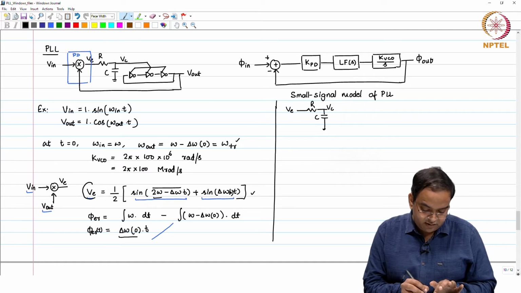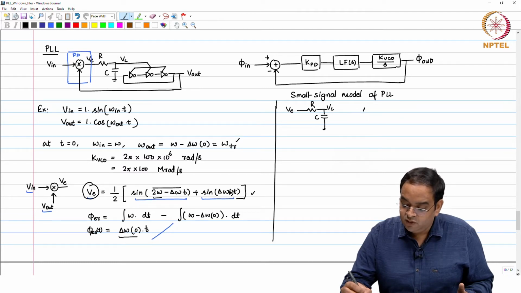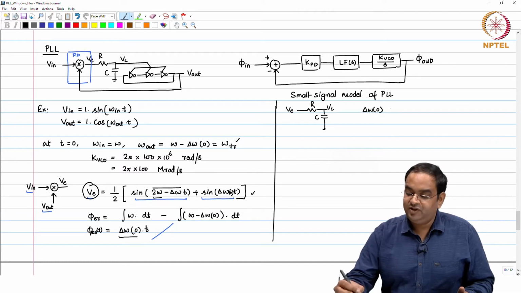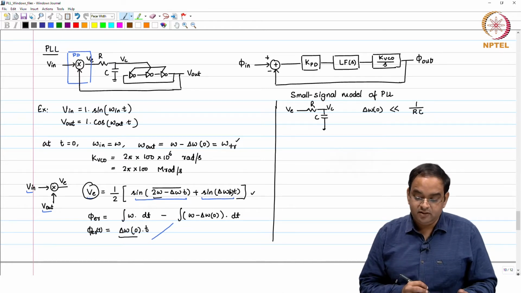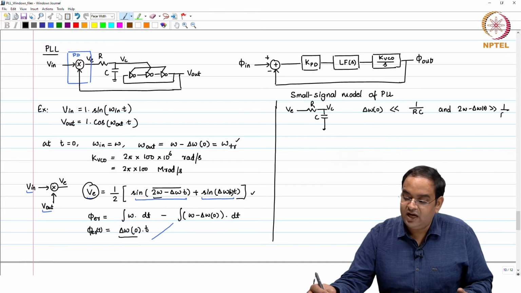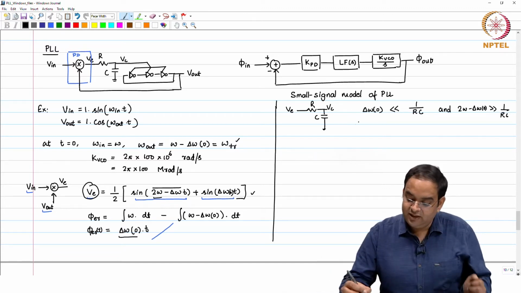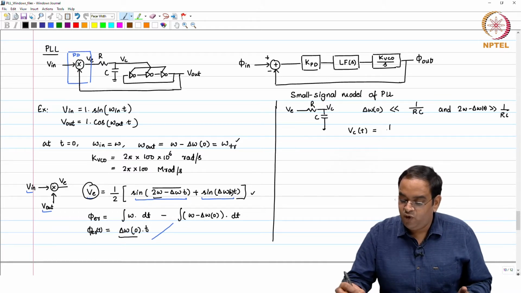If I feed this V error to my system and delta omega 0 happens to be much lesser than 1 over RC, which is the filter bandwidth, and 2 omega minus delta omega 0 is much greater than 1 over RC, then what you are going to see at the output of the filter, VC of t, will be more or less 1 over 2 times sine of delta omega 0 t.